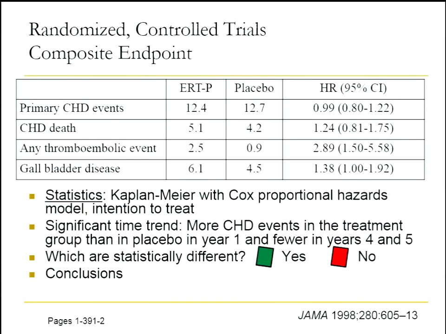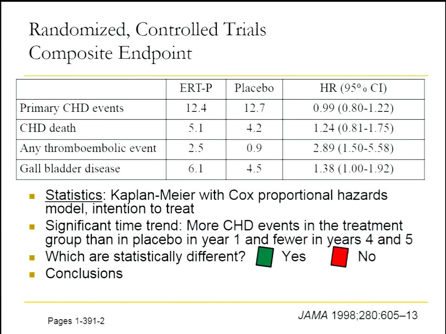The same is true for the development of CHD death. Again, slightly higher, but still 1 is included in that confidence interval, so no statistically significant difference. The only one that shows up as being statistically significant is the development of any thromboembolic event, which in this case was almost 3-fold higher.